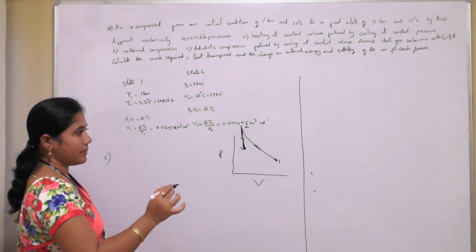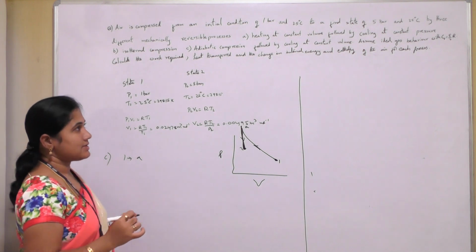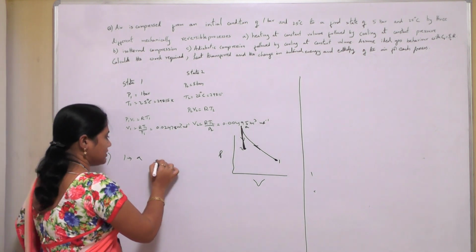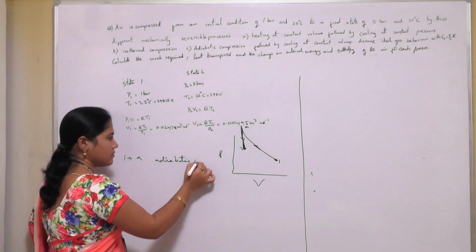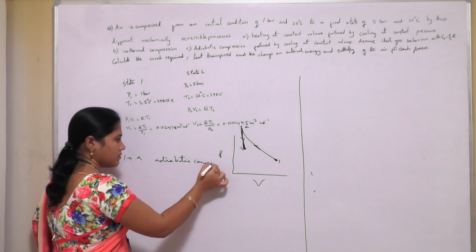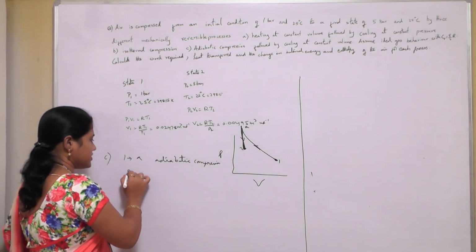Now consider the path 1 to A. 1 to A is the adiabatic compression path, and we know the initial values.